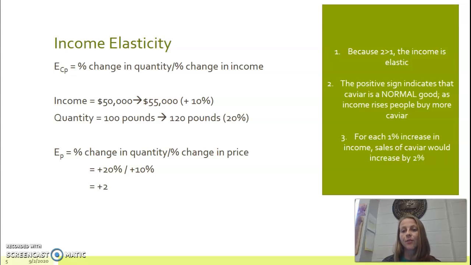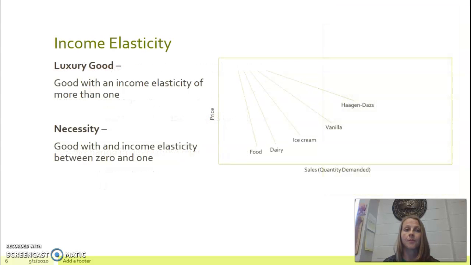It also tells us that for each 1% increase in income, sales of caviar are expected to increase by 2%. When we look at income elasticity, it's also important for us to look at luxury goods versus necessities. So luxury goods are those goods that have an income elasticity more than 1. So in our previous example, caviar had an elasticity of 2, so it would be considered a luxury good.